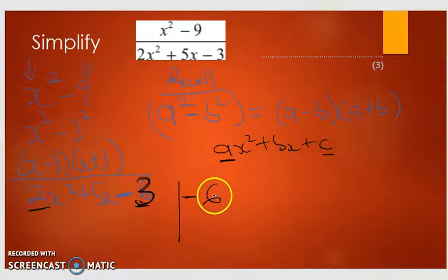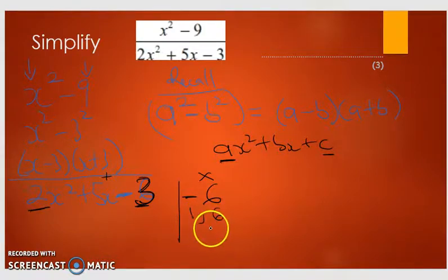So we're looking for two numbers that would multiply to give us negative 6, but that would add to give us positive 5. You can run through a few factors of 6 and see which one works.